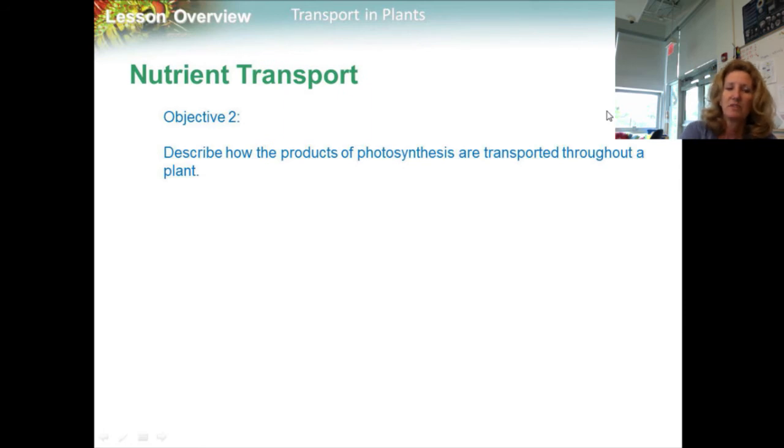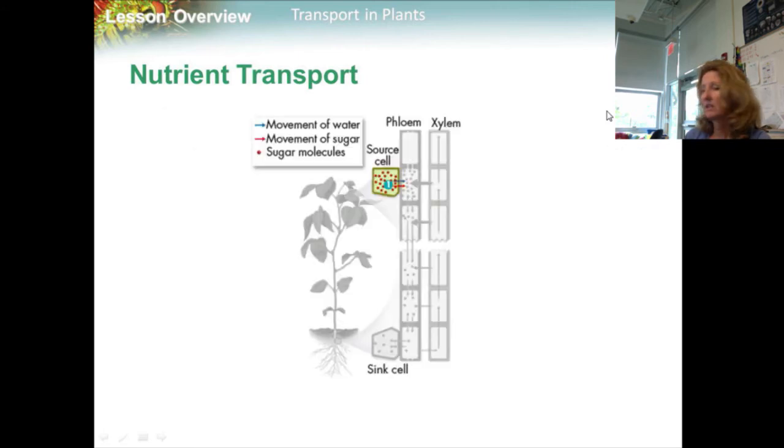Objective 2: describe how the products of photosynthesis are transported throughout a plant. The leading explanation of phloem transport is known as the pressure flow hypothesis, which you'll see in this figure right here.